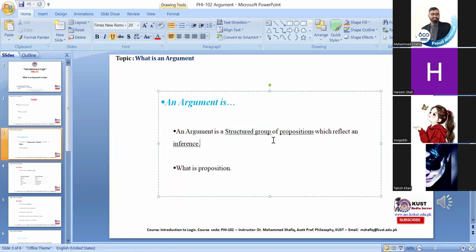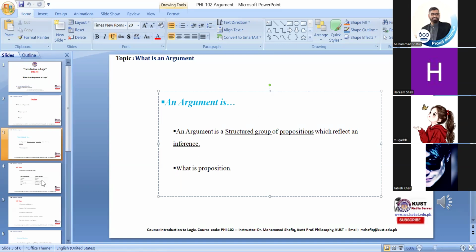That means an argument is a group of propositions, so a single proposition can never be an argument. In order to be an argument there must be at least two propositions, minimum two, and at maximum you could go on and on.